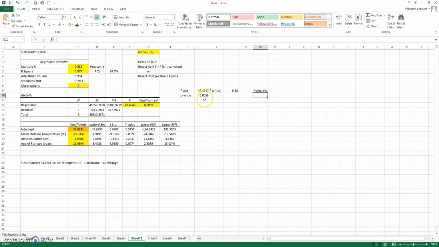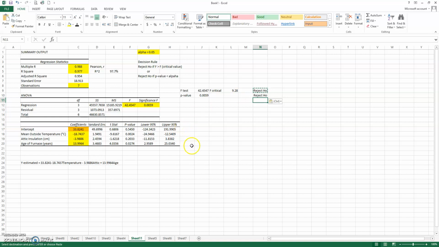P-value is 0.0059. Alpha is 0.05. Let's put a 0 up there to make that a little easier to read. So we are, again, going to make the same decision using the p-value process. This basically means that the overall use of the three independent variables, this model, is significant. It does have a significant relationship or association with the dependent variable.